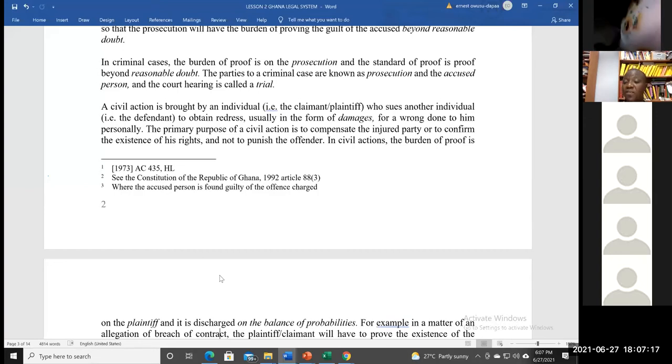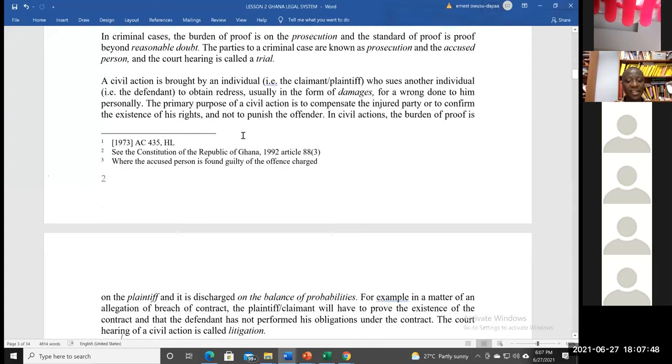Or maybe for certain other types of civil cases like matrimonial, the person who is suing is called the petitioner. And then the one who has been called the defendant is called the respondent, as the case may be. Or if you are dealing with a human rights enforcement type of case, then the person who initiates the case is called the applicant. And then the other party against whom the case is brought is called the respondent, as it were.